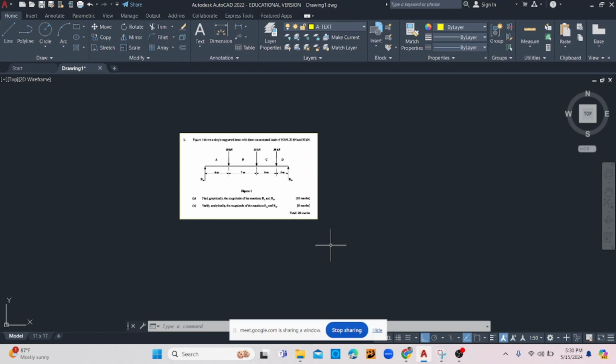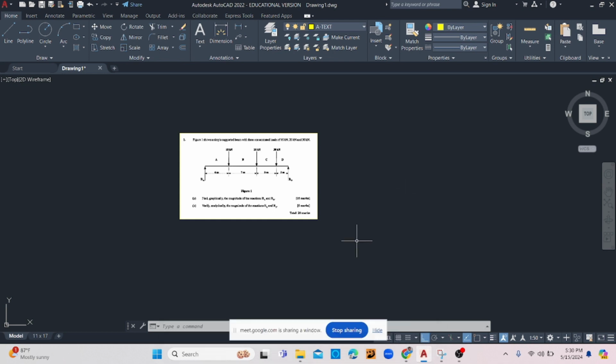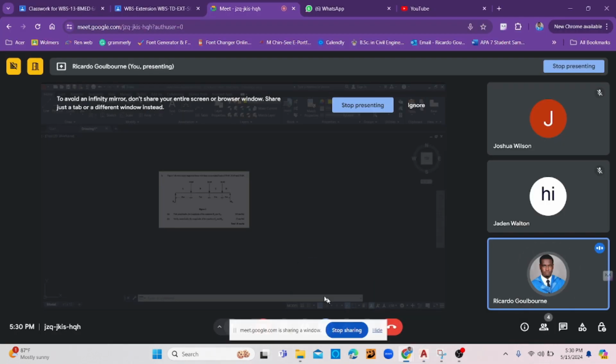Alright, so we're starting things off from the top and we're taking things from a past paper. You would have seen this past paper or this question within the Google Classroom under the tab.